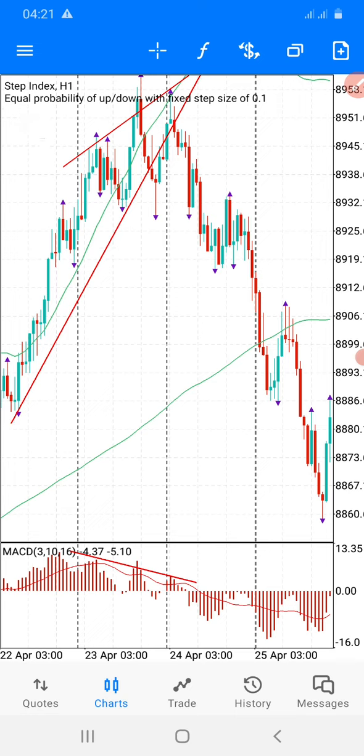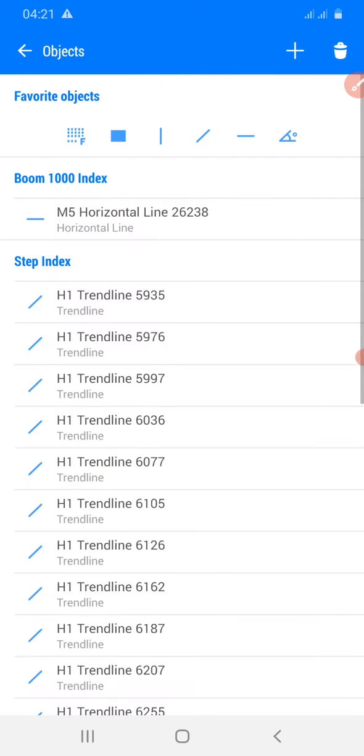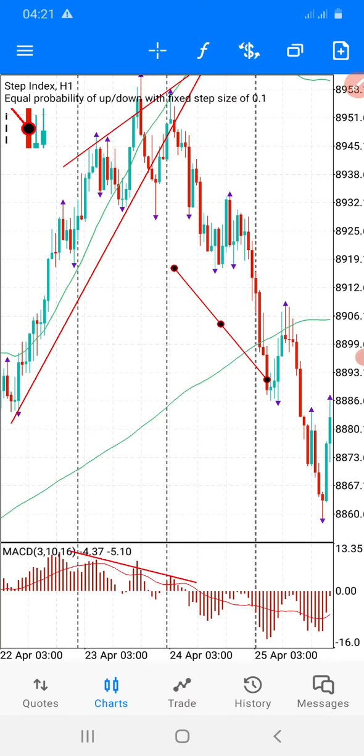You wait for a break of a trend line just as this, and then you wait for the market to retest the trend line. You see here, the price broke this trend line down here and then retested it, and the market begins to go down. That is one way to trade this.